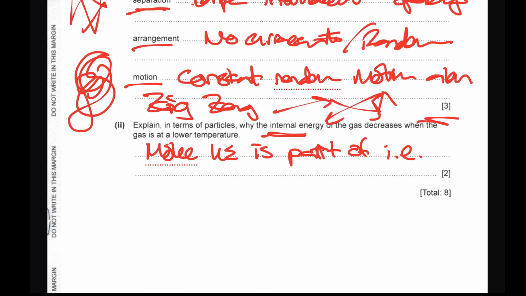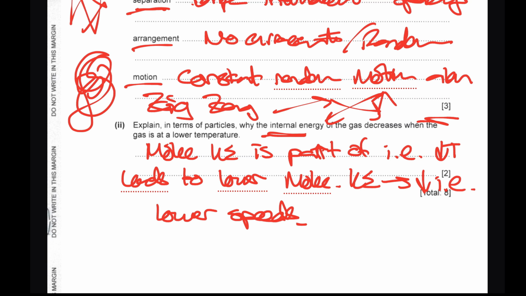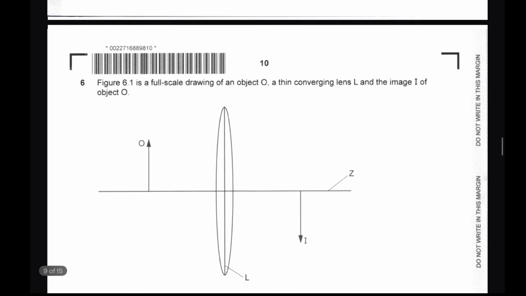And decreasing temperature leads to lower molecular KE, and thus to lower internal energy. That's it. So 2 marks for 2 points. One is that decreasing the temperature causes the particles to lose KE, or lower speeds, whichever one you say. And the next point is obviously that the molecular kinetic energy decreasing means the internal energy is also decreasing.